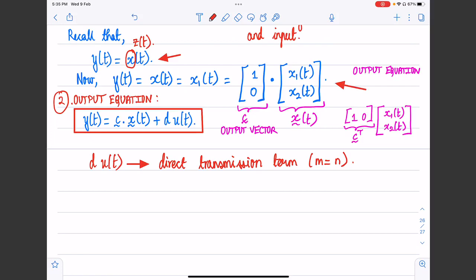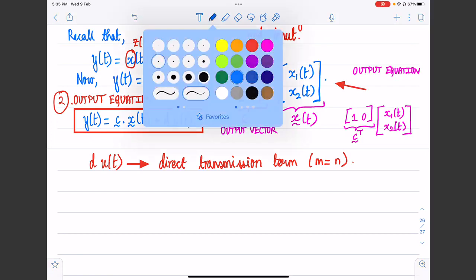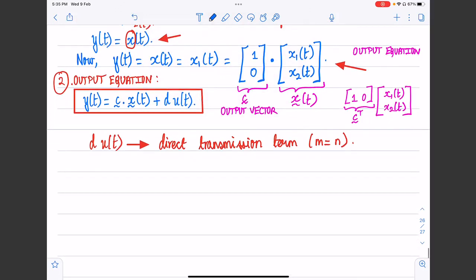So the two equations put together form the state space representation. Let me write down the summary here.